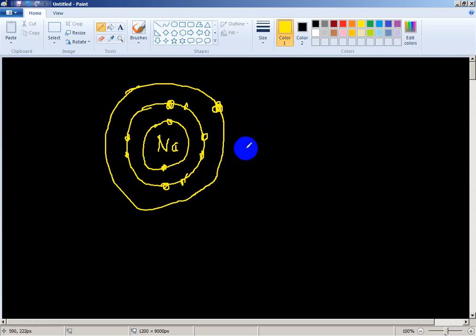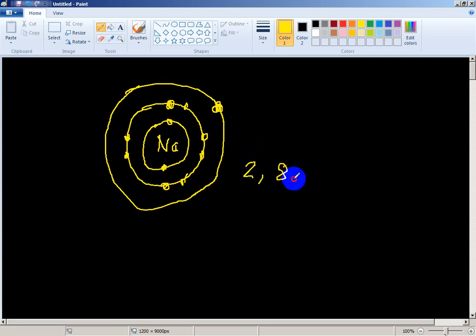So it will either lose an electron or gain an electron. Which is better for sodium to gain a stable electronic configuration: gaining or losing? Losing an electron. The outermost shell has only 1 electron, 2,8,1.